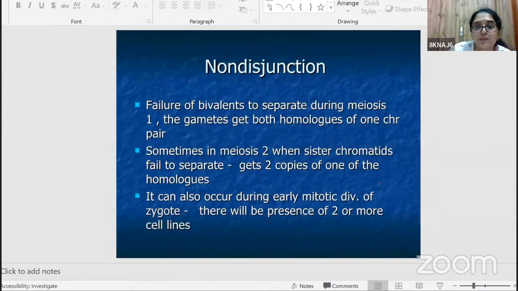Right, I'll have to go with this only. Pausing the share for a minute.